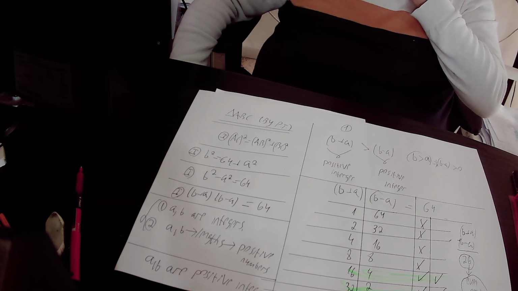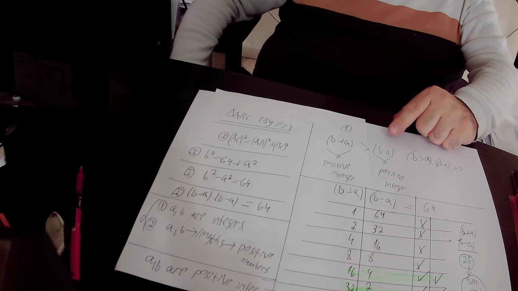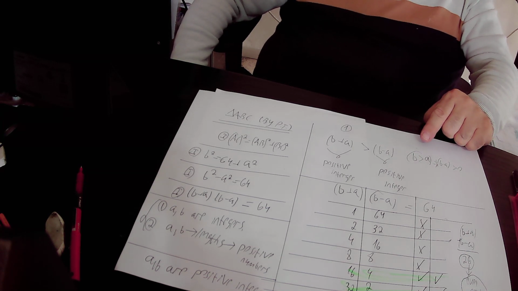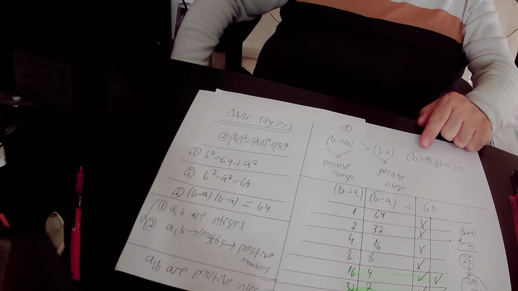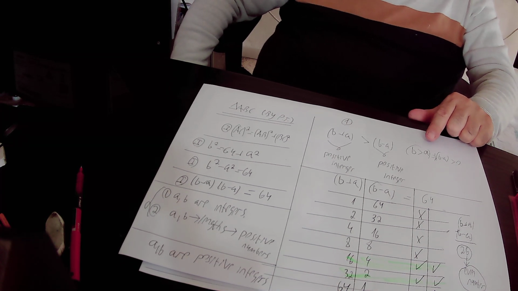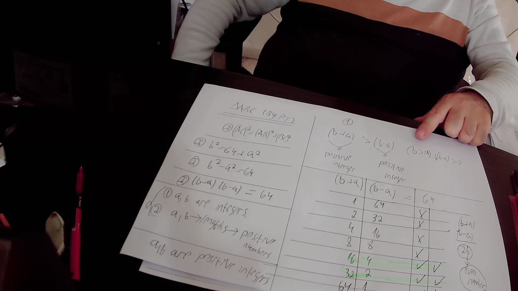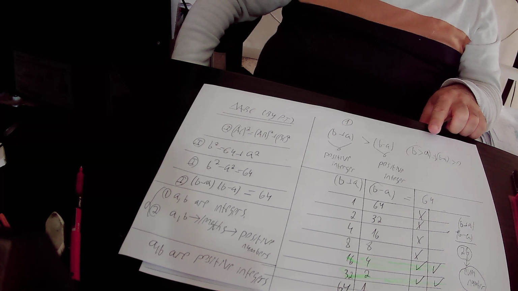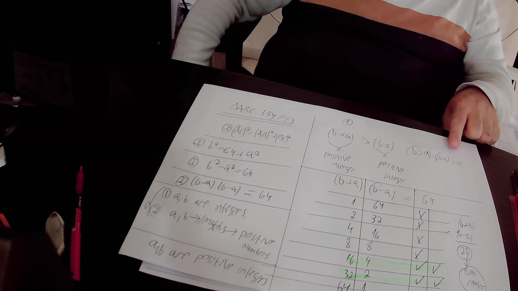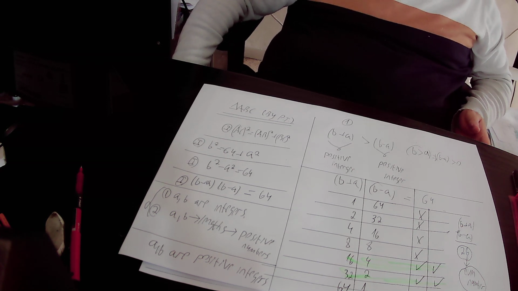So we know that b is a positive integer, but here b is the hypotenuse of the right triangle, and the hypotenuse is always greater than the perpendicular, that is to say, b is greater than a. We subtracted a from this inequality and found that b minus a is greater than 0. That is to say, b minus a is a positive number.